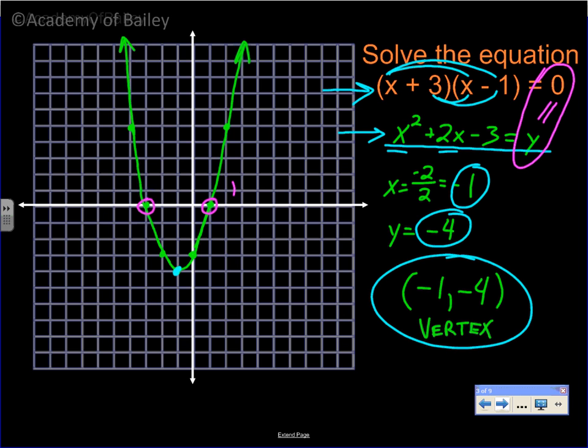Well, this is going to be 1, 0, and this is negative 3, 0. x is negative 3, x is 1 when y is equal to 0. So that's what you're trying to find. You're trying to find those roots. So x equals negative 3, x equals 1.